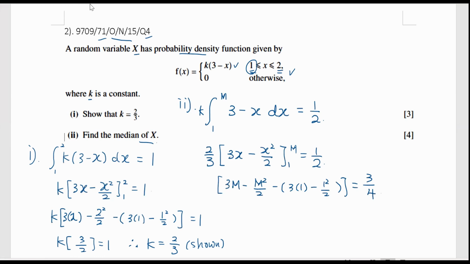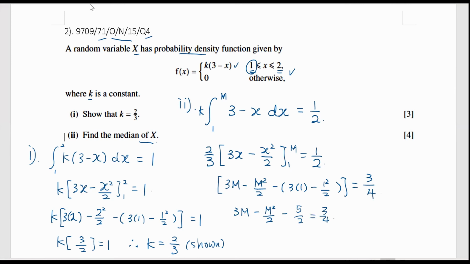Okay, now try to simplify this. 3 minus half, right? 2.5. So minus 5 over 2, equals 3 over 4.